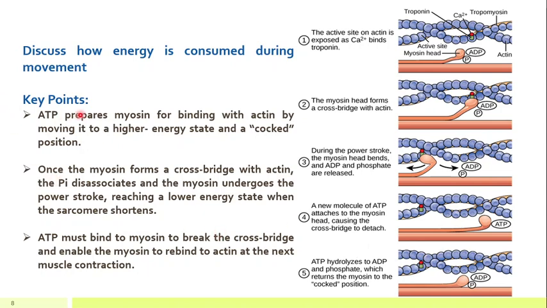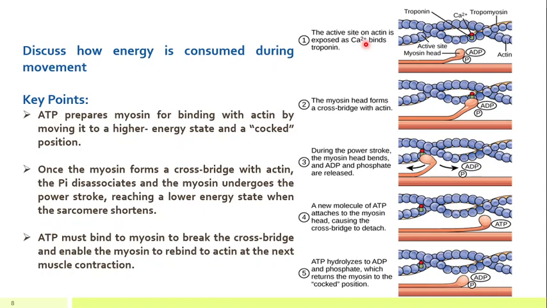The key point of this theory is that ATP prepares myosin for binding with actin by moving it to a higher energy state. See here the first point. The active site on actin is exposed as calcium ion binds troponin.